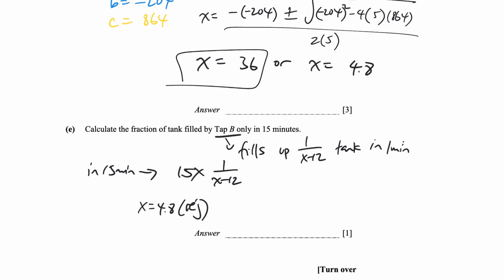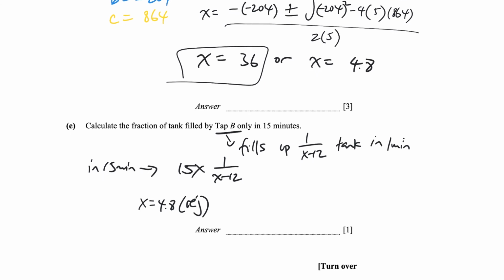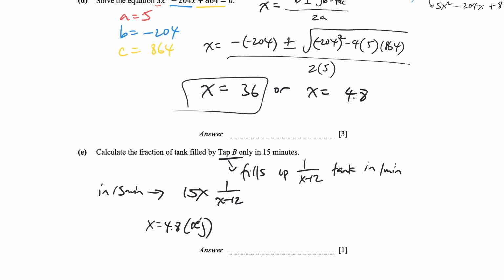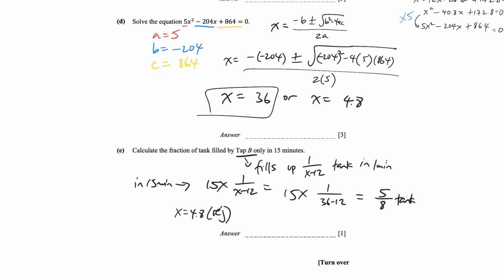X must be 36. So this is equal to 15 times 1 over 36 minus 12, which gives you 5 over 8 of a tank. In 15 minutes, tap B only can fill up 5 over 8 of the tank.